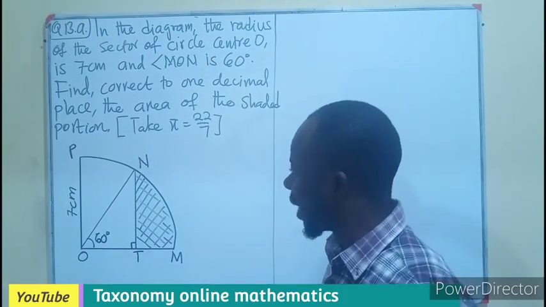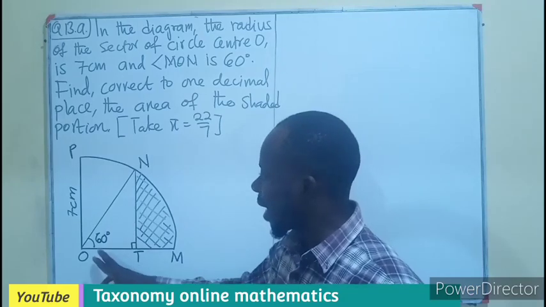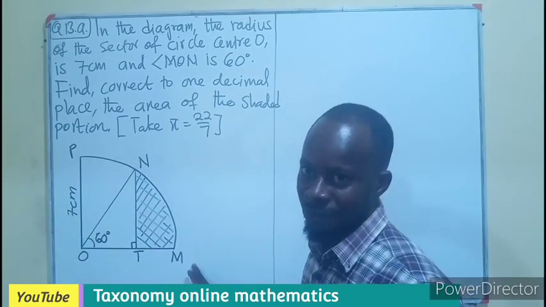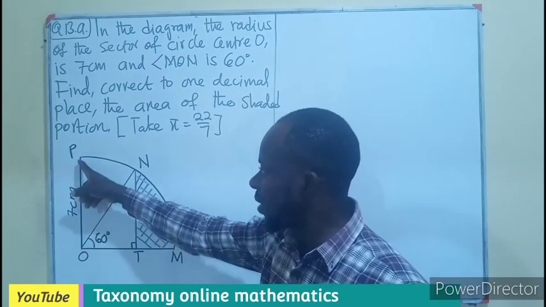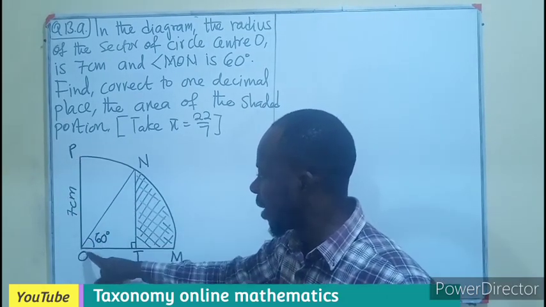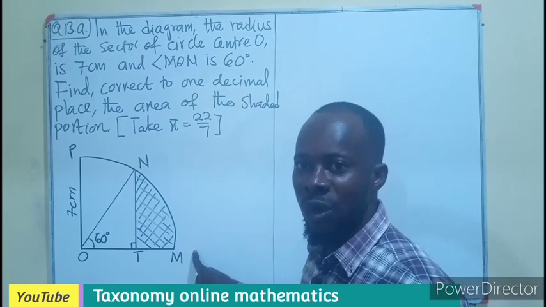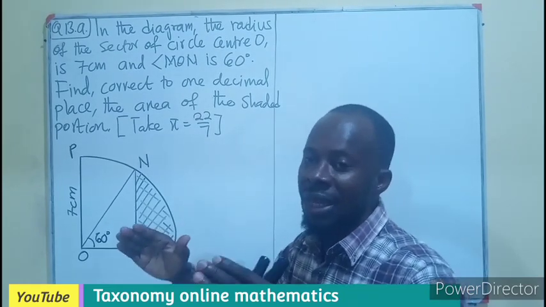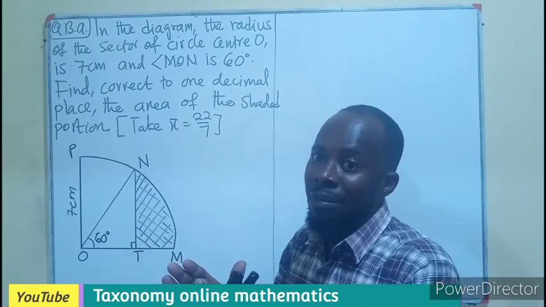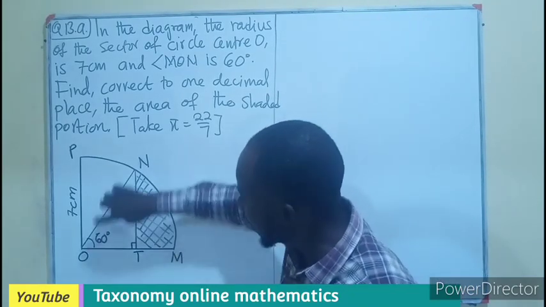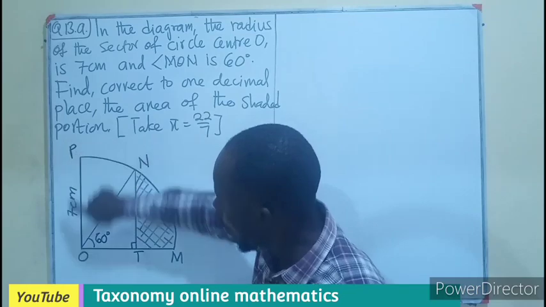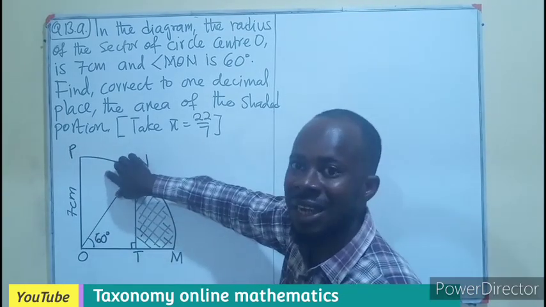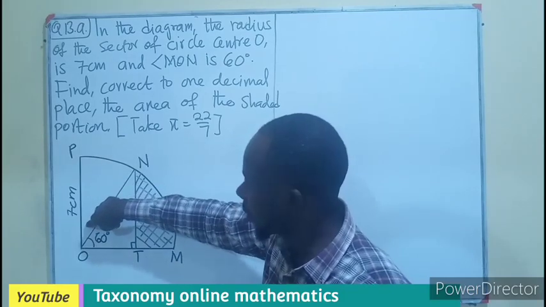Good. So we were told that OPM is a sector. If it's a sector, then it means OP being 7 centimeters, OM is also 7 centimeters. Now a sector can be big, it can be small. So if I take this area OPN, it will also be a sector with its own angle.